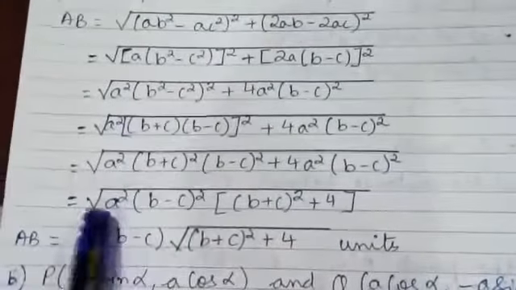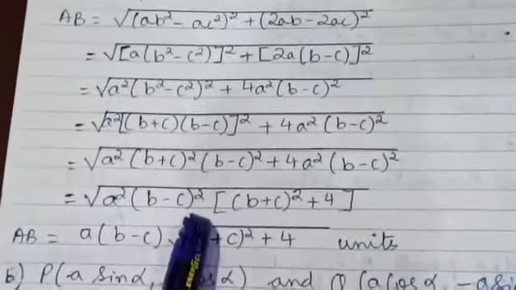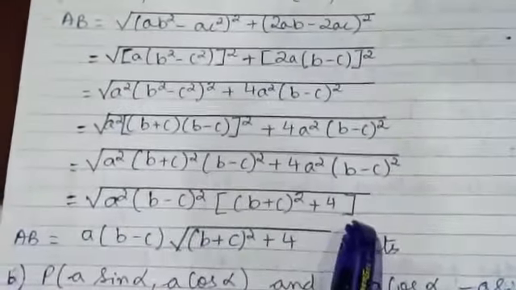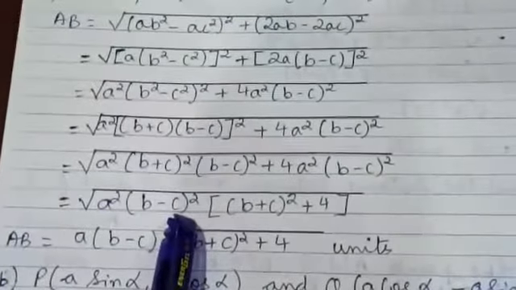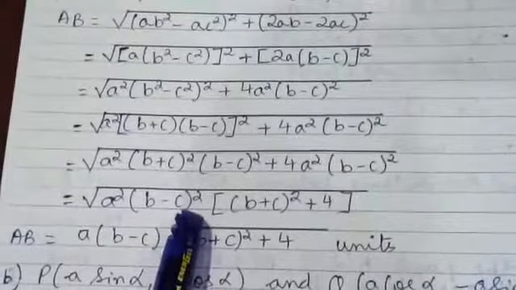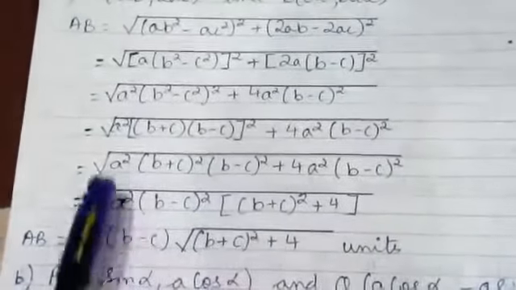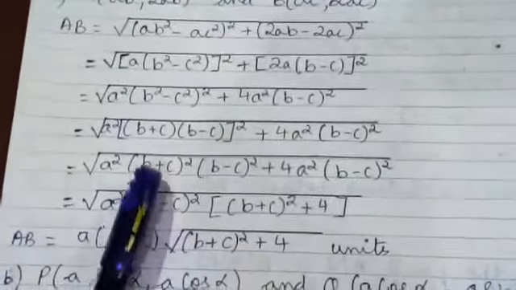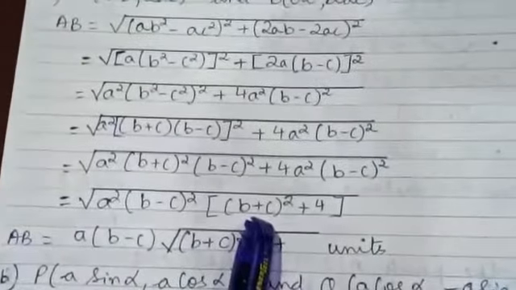Alright, so take out the HCF or the common factor. So now what will we have in the bracket? This common factor multiplied by what will give us this first term? Well, we have a² common, we have (b minus c) the whole square common. So we need to write (b plus c) the whole square here.